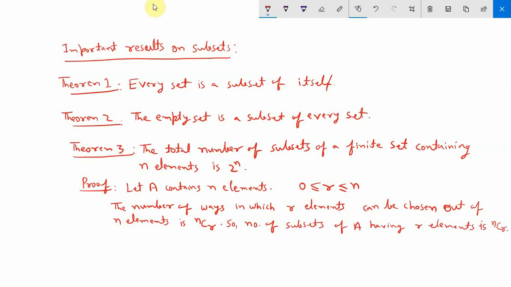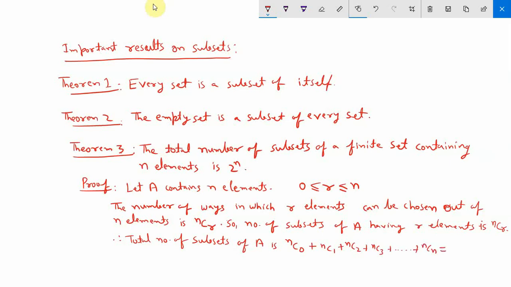Therefore, the total number of subsets of A is, see, if it has zero elements, then it will be nC0, plus nC1 if the number of elements is 1, then nC2, nC3 if 3 elements are considered, and the last will be nCn.